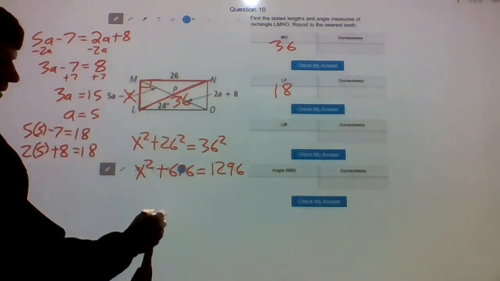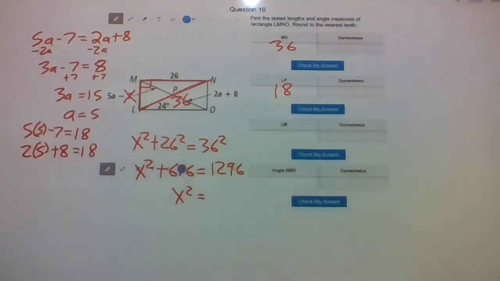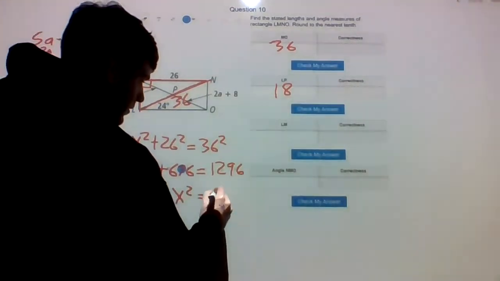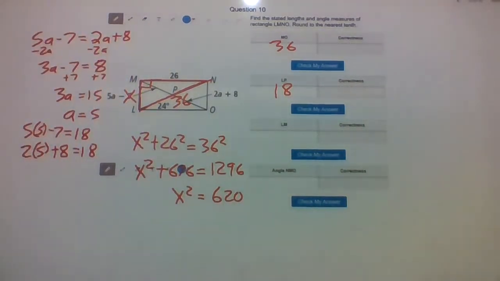So we subtract 676 from both sides, and we end up with x squared equals 1296 minus 676. 620, I'm sorry, 620. And then we can take the square root of 620, which is going to be 24.9, right?